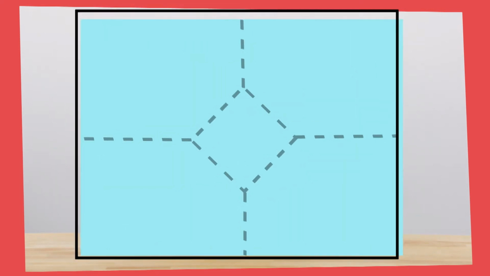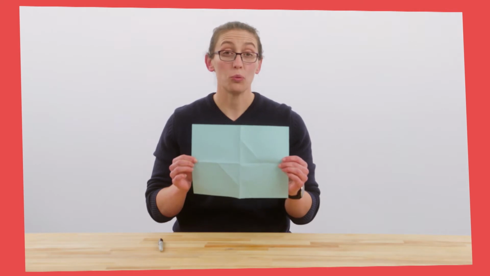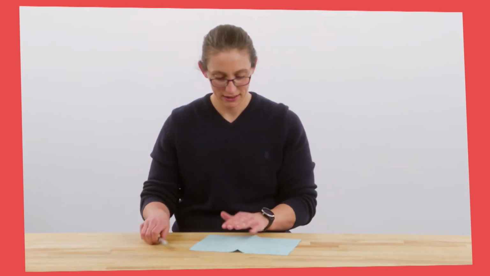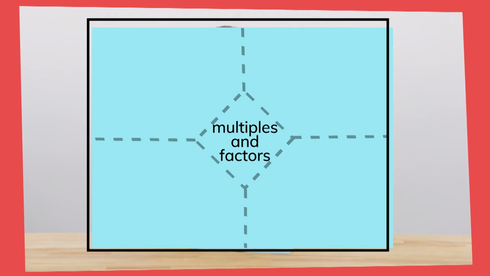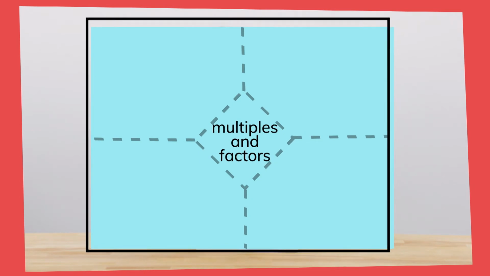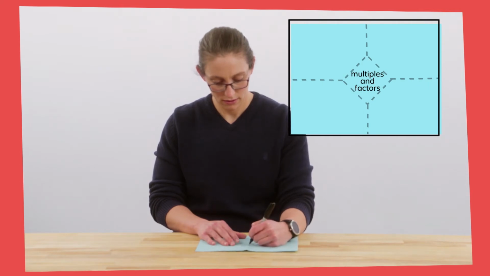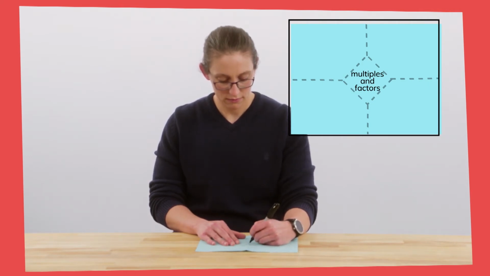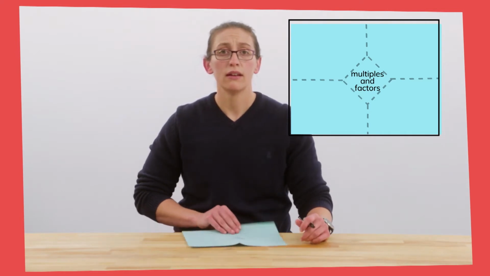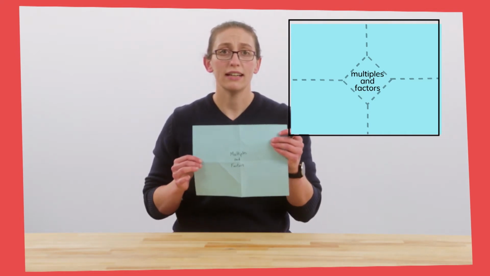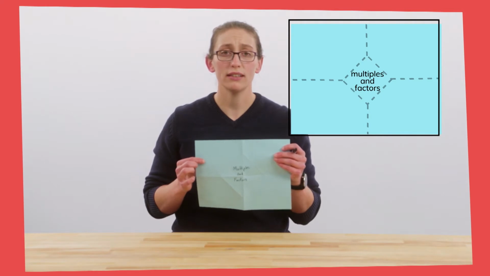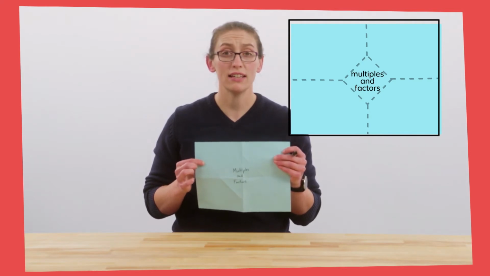Okay, great. We are going to write the words multiples and factors in the center diamond because these are the words we need to understand more about. Then, in the upper left rectangle, we're going to define each term.